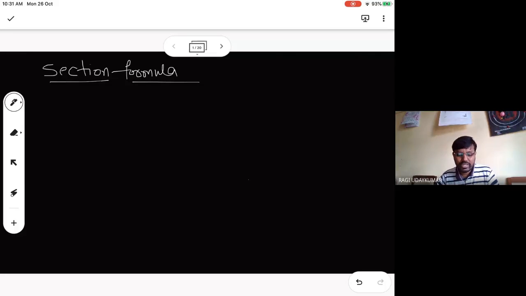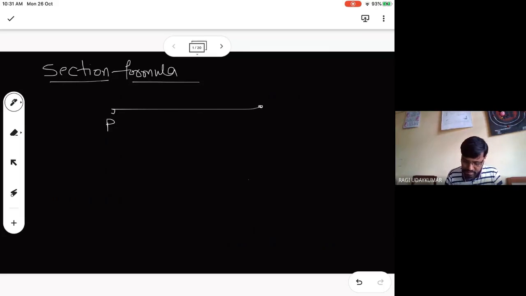Suppose you take a line, with points A, B. P is a point dividing it in some ratio. Compulsorily, one point will divide the line joining the other two points in some ratio.